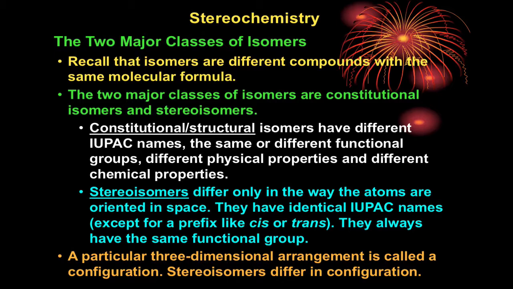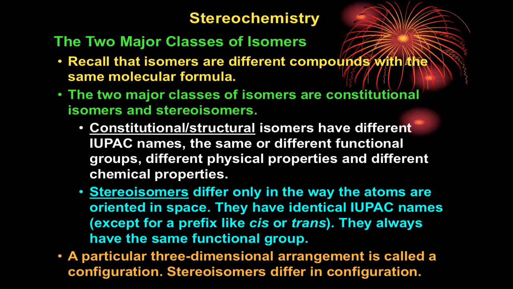They have the same number and types of atoms, but they're connected differently. And as a result, right, they will have different IUPAC names, okay? They may have different functional groups. They will certainly have different physical properties, and they will have different chemical properties, okay? Constitutional isomers have a lot of things that are not the same.